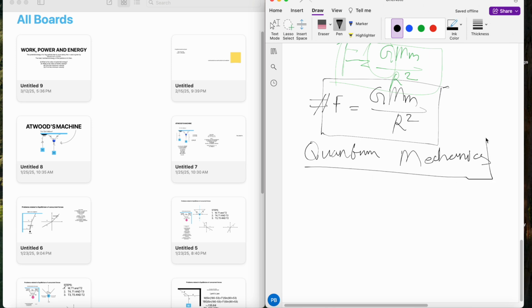Okay, here we know the term electric intensity, right?